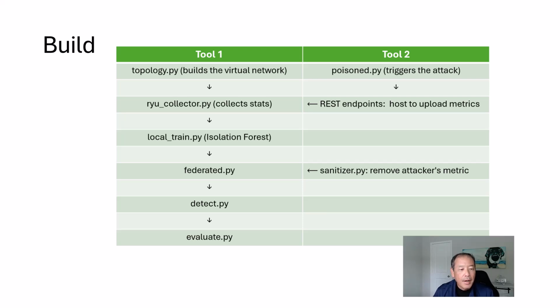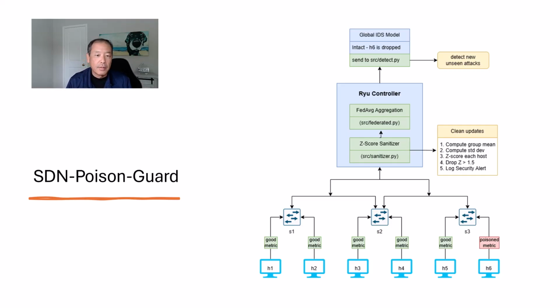And as it goes down and trains the global model, what I want to do is sanitize or clean the data, remove that bad data. So when we make our global model, we could actually detect all of these incoming threats and remove them. And of course, I do have my standard metrics. So if you need to see some of the data that goes through, I do have that in there.